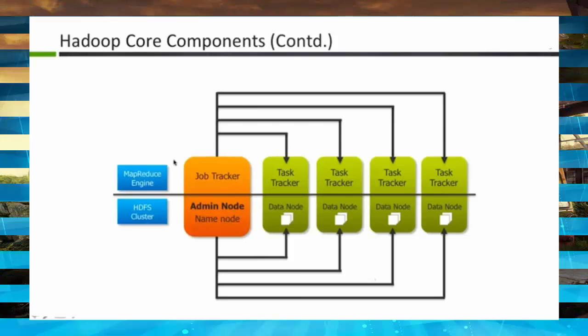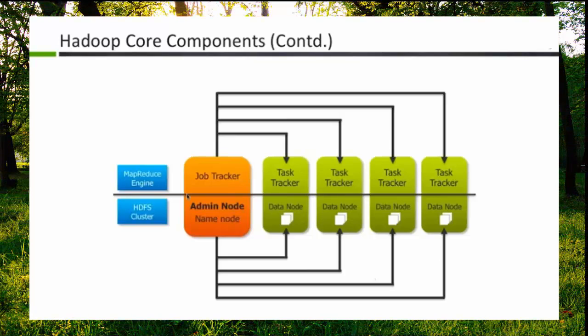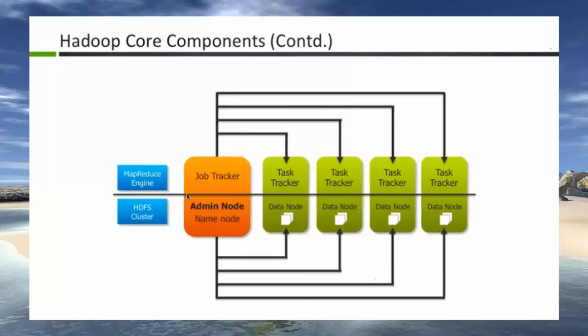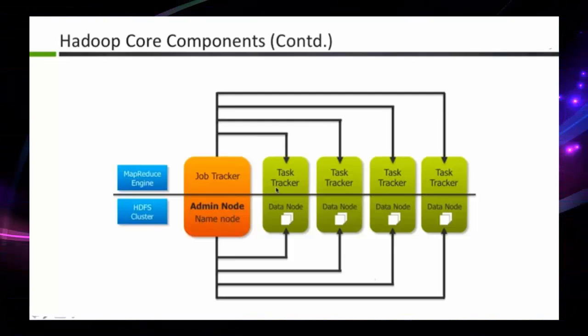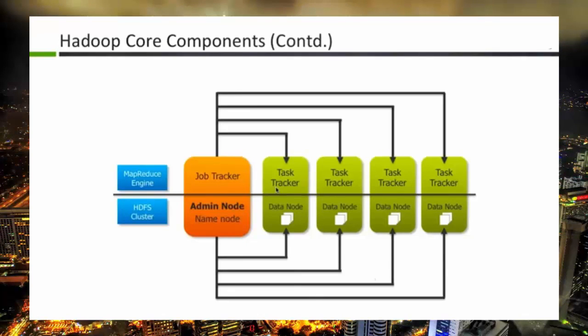For now, just understand that there's something called a job tracker and something called a task tracker. The job tracker is associated with the master node. The task tracker is associated with the data node. Task trackers on data nodes are like the polling stations. The task tracker could be the program which is running for counting the votes at the polling station.